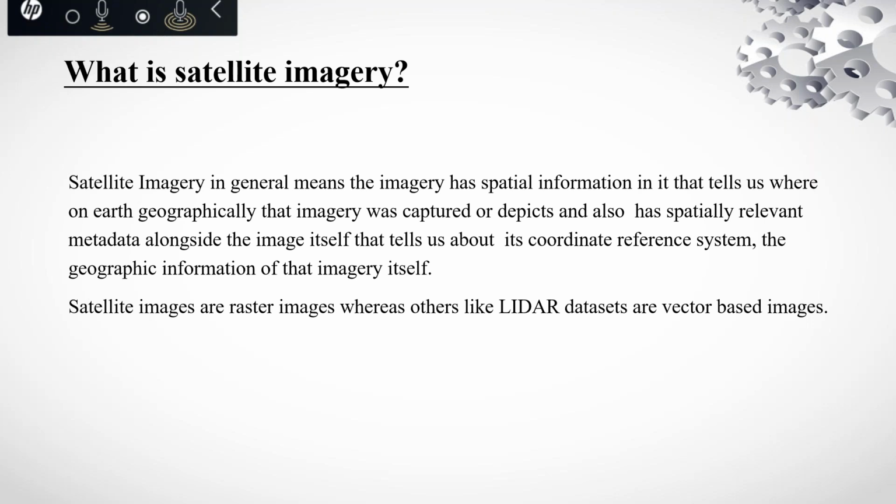For example, we have a camera, so we are taking pictures, but we are not physically in contact with the person or the environment, but we can take the pictures through our camera. That is an example of remote sensing. Satellite imagery is a part of remote sensing, which enables us to take information from outside the earth, which we can call space.